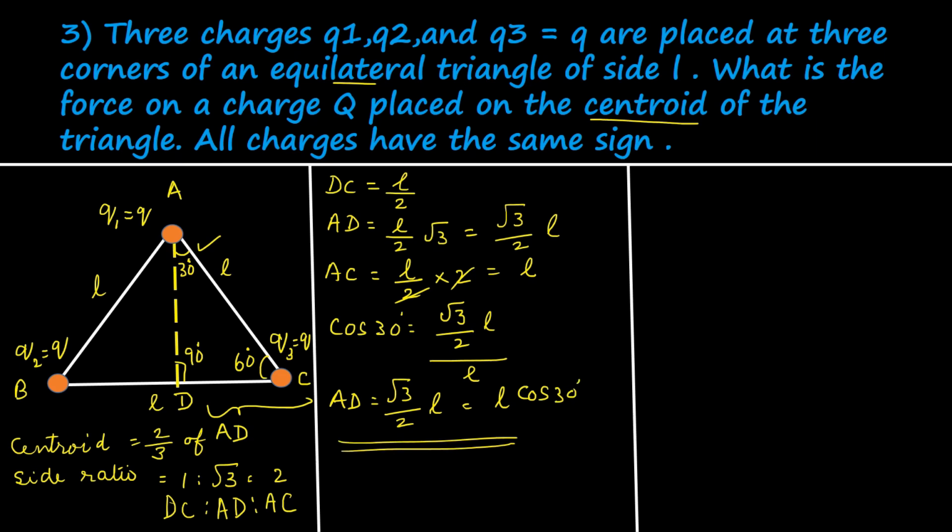We have already seen that the centroid of the triangle is at 2/3 of the distance from the vertex along the perpendicular drawn to the midpoint of the side.